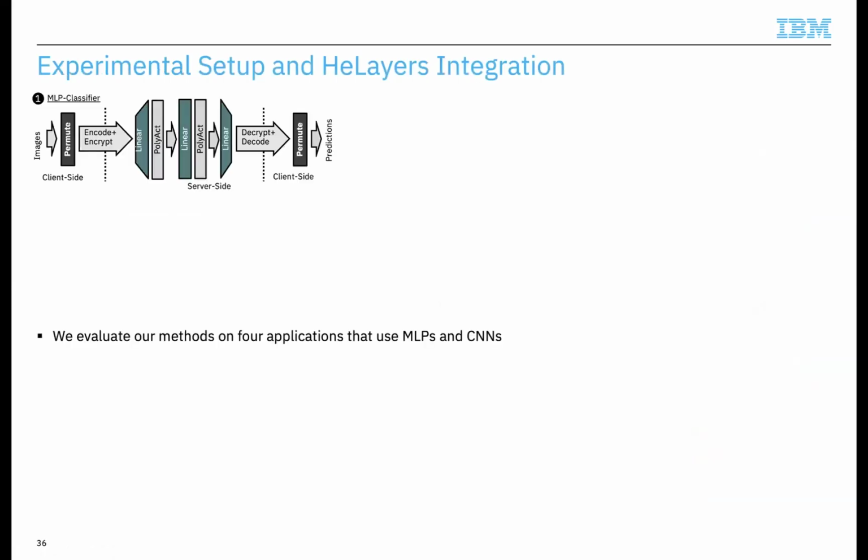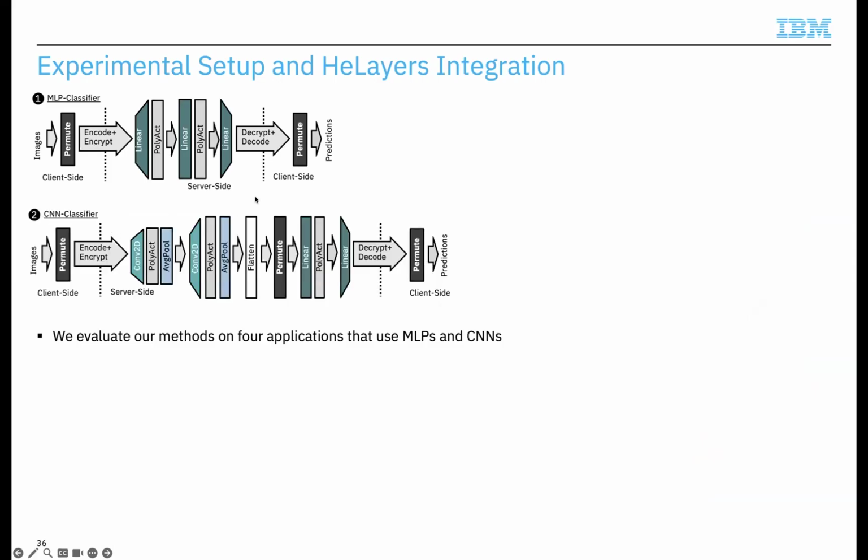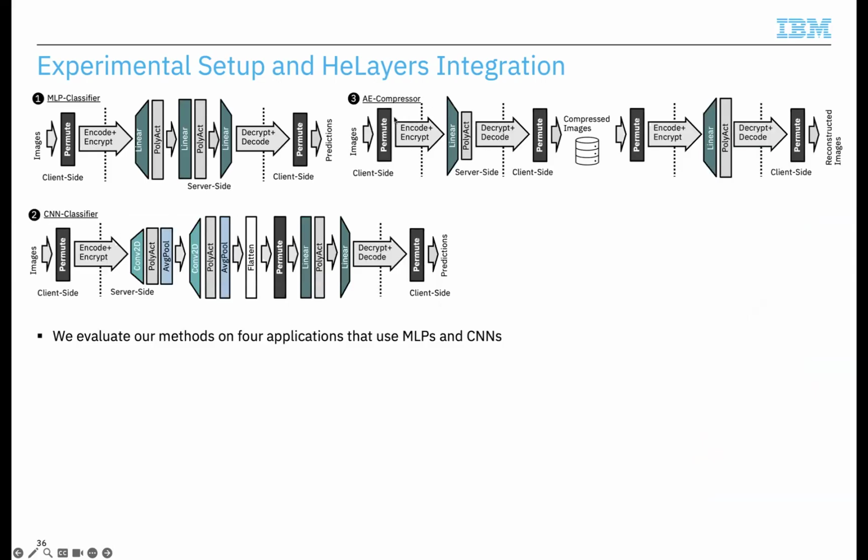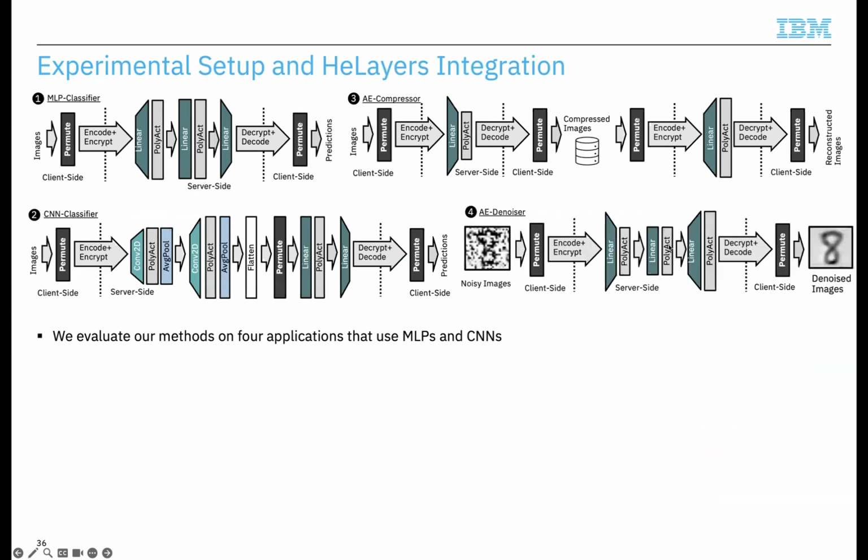So there were 4 applications we evaluated. There's an MLP classifier, there's a CNN classifier, there's an autoencoder-based compression network, and then there's an autoencoder-based denoising network. And then finally, I have not visualized it, but we demonstrated this on a 21-layer HE-friendly AlexNet with trained activation functions.